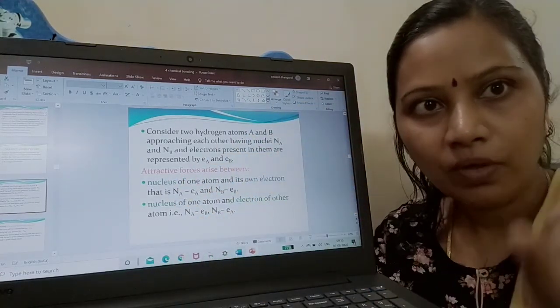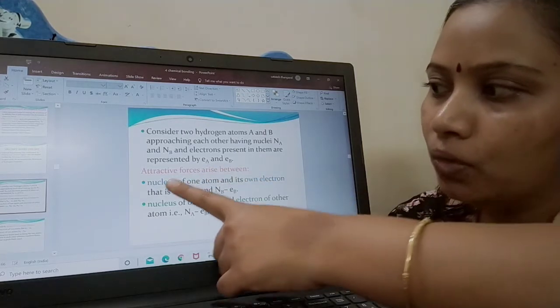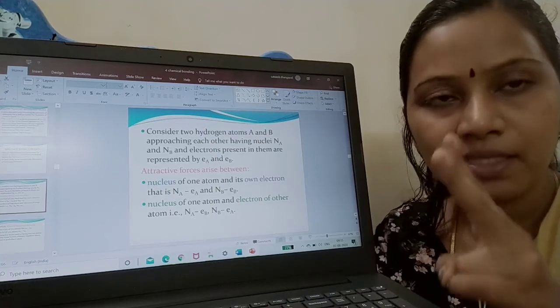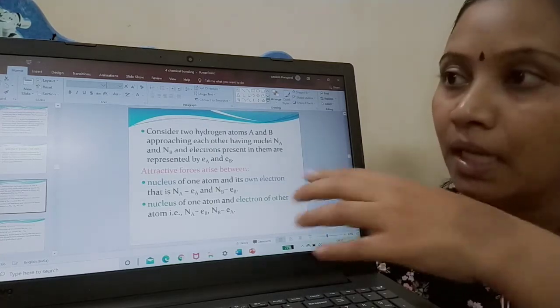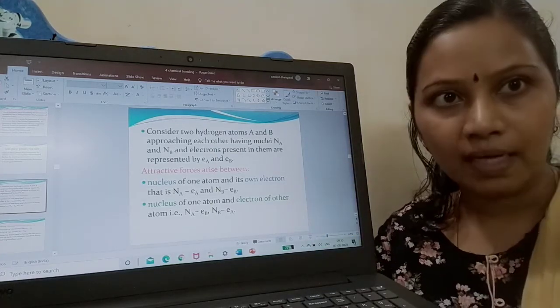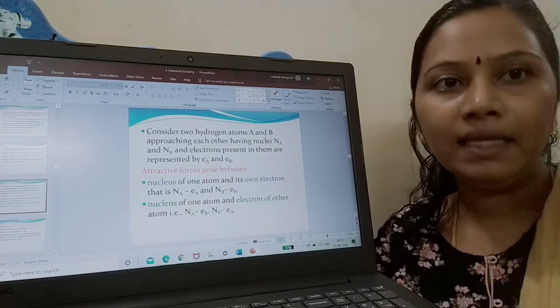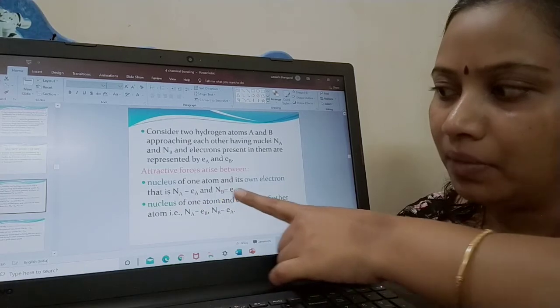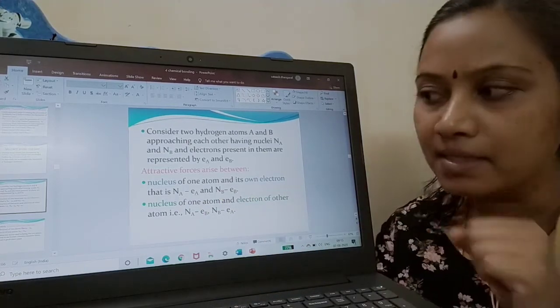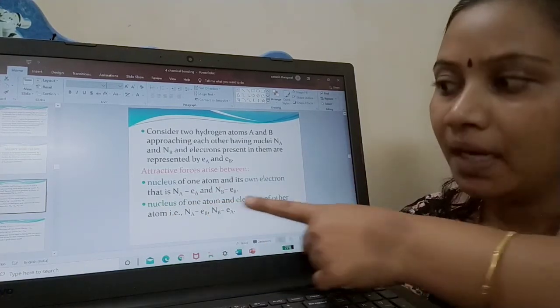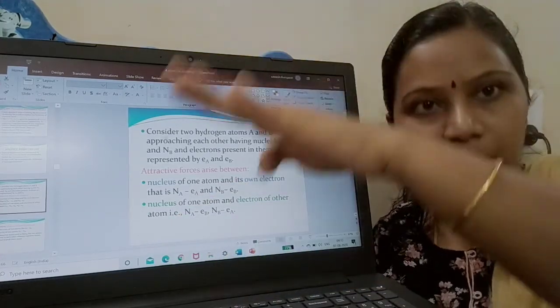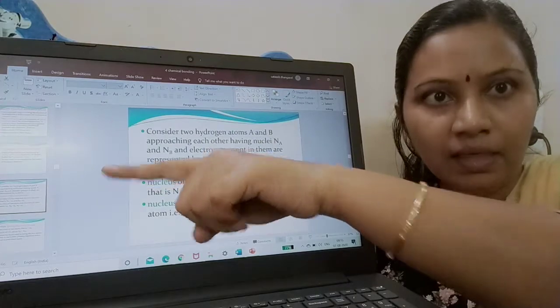Attractive forces arise in two cases. What are the two cases? First, between its own nucleus and its own electron, that is Na and Ea, and Nb and Eb. The second case is the nucleus of one atom and the electron of the other atom, that is between Na and Eb, and between Nb and Ea.